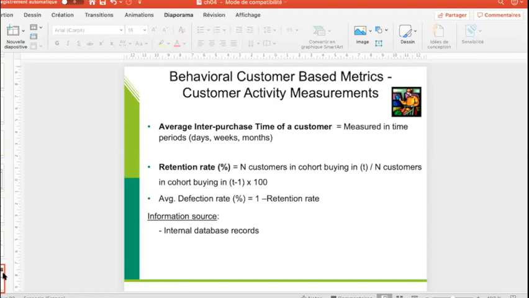So defection rate is the same as churn rate. Practitioners rather call it churn rate. It's the opposite side of the retention rate, and the lower the churn rate, the higher the retention rate, and it's an indicator of loyalty.